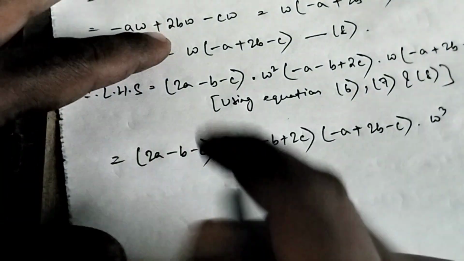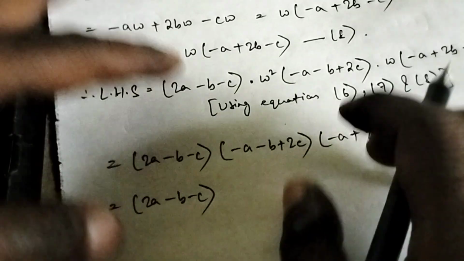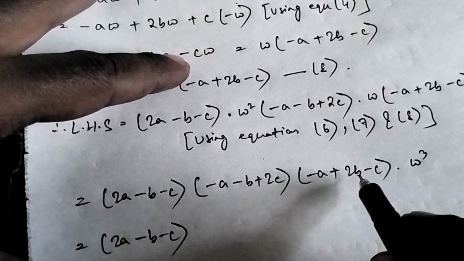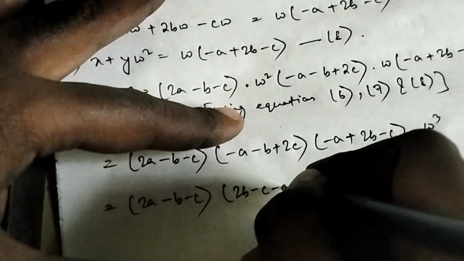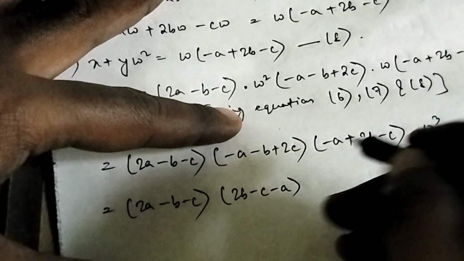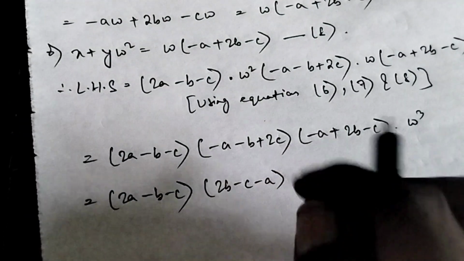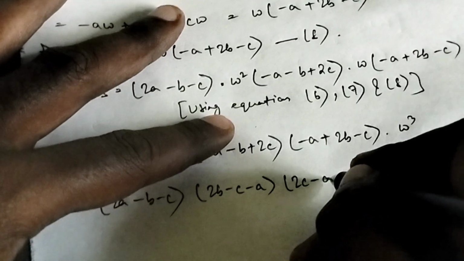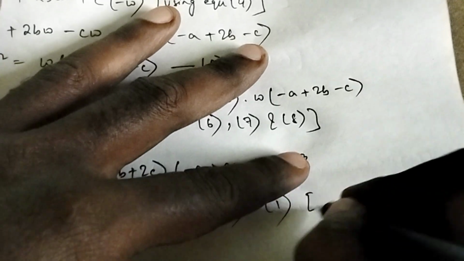So now 2a minus b minus c, then 2b minus c minus a, that means this one, then 2c minus a minus b, and omega cube means 1, using equation 3.